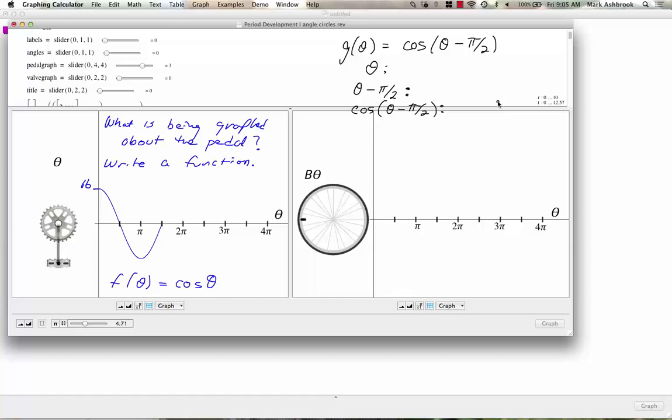So what quantities in regard to the pedal and the tire valve do each of these symbols represent? What quantity does theta represent? What quantity does theta minus pi over 2 represent? And what quantity does cosine of theta minus pi over 2 represent? Okay? So all your answers will be with respect to the situation, the bicycle.